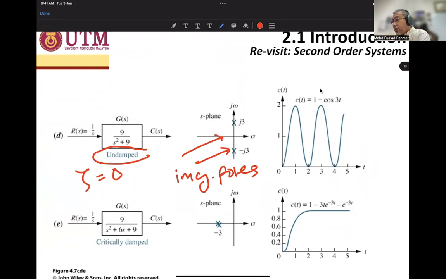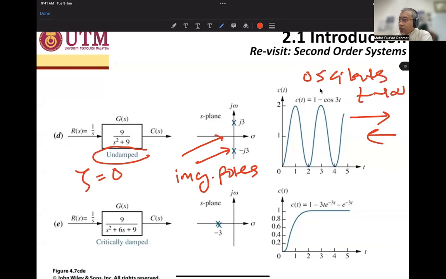The response is quite different from the previous two responses. It oscillates when t goes towards infinity, which is not good for the system.